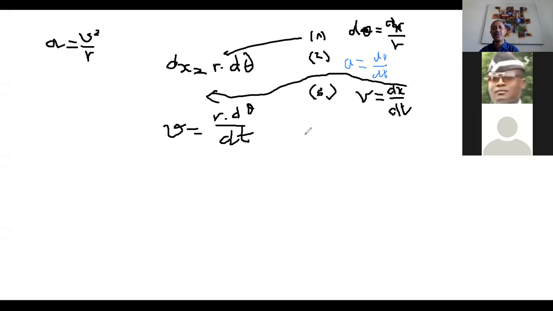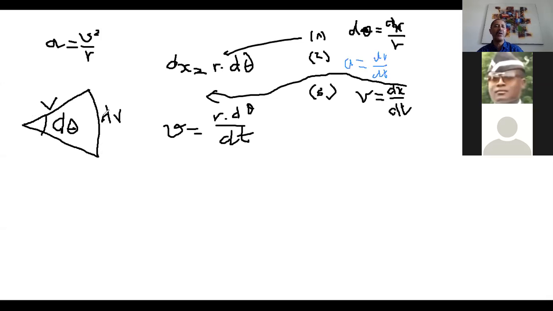Okay, that is our problem right now. How to find it? Go back to here. This is our d theta, this is our v, and this is approximately dv.